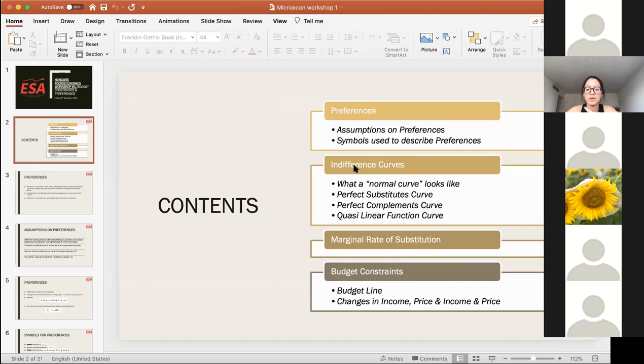Then there's 1 slide on the marginal rate of substitution, which is important because sometimes they ask you about that, but it's pretty simple. Then I'll go through budget constraints and explain what the budget line is, how that works, and what happens if there's a change in price, a change in income, or a change in both. So today's workshop is pretty straightforward, and it should be okay.